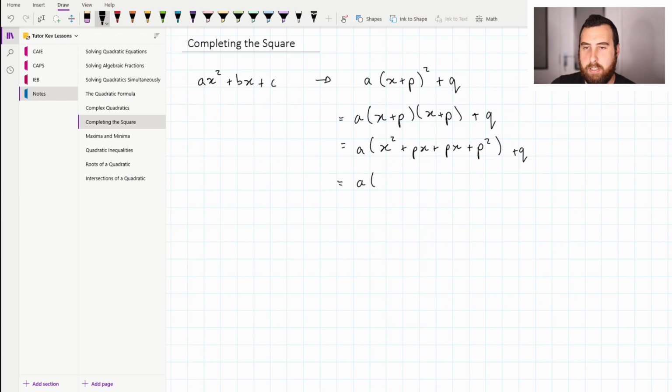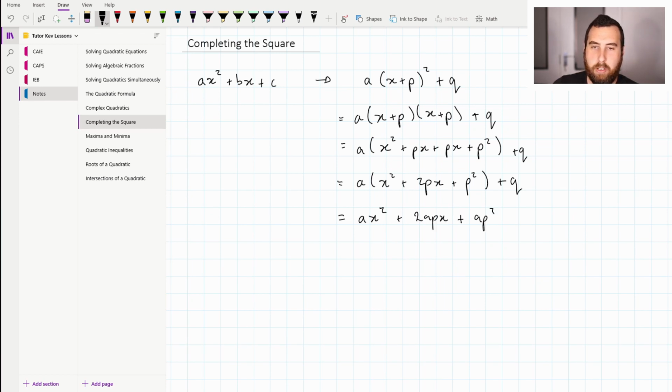So it's going to be a times x squared plus 2px plus p squared plus q, and then lastly I'm going to multiply that a term, so we're going to get ax squared plus 2apx plus ap squared plus q.